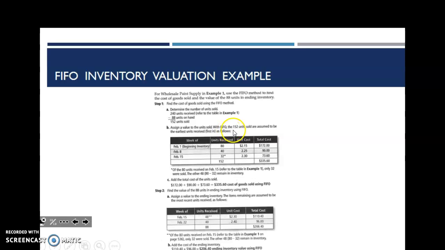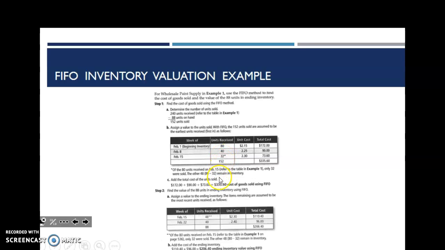Now we have to assign a value to the units sold. With FIFO, the 152 units sold are assumed to be the earliest ones. So we look at our inventory record for the masking tape, and we calculate that we have sold 152 rolls, and we start at the beginning and go down until we have reached 152. Now notice that on February 15th, you haven't sold all of them.